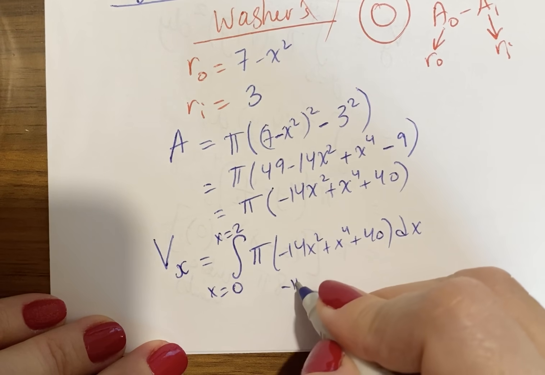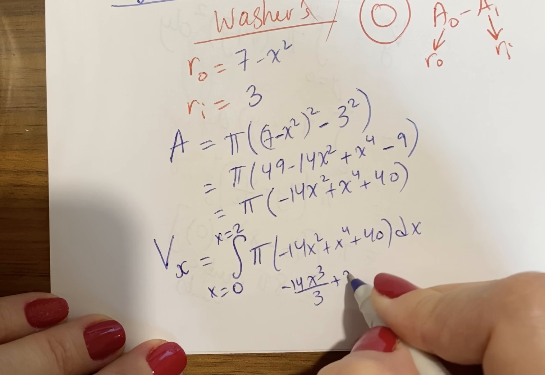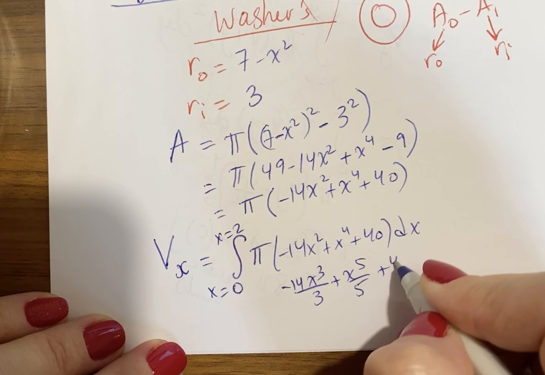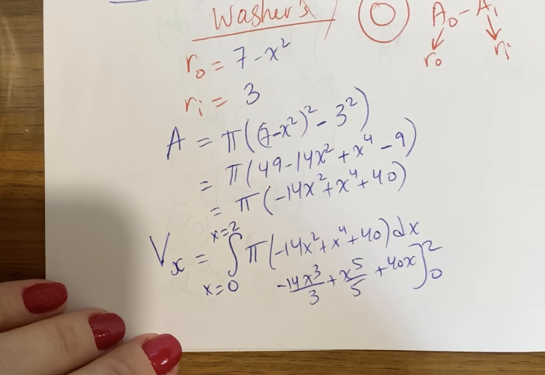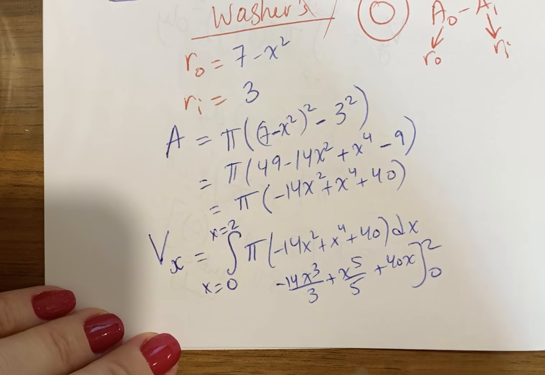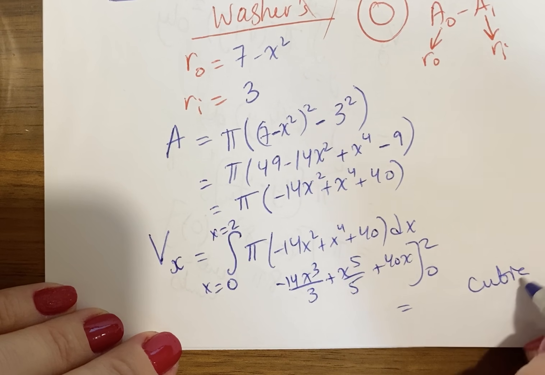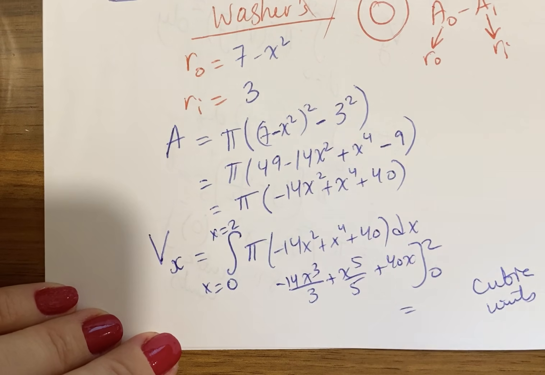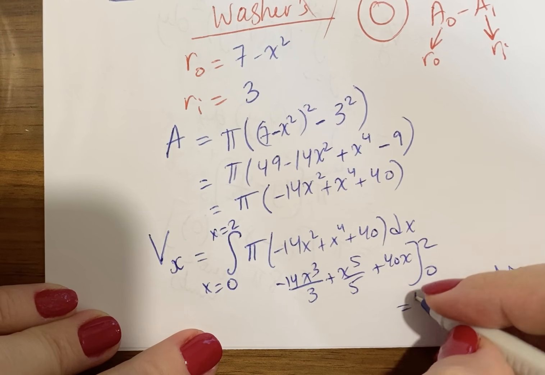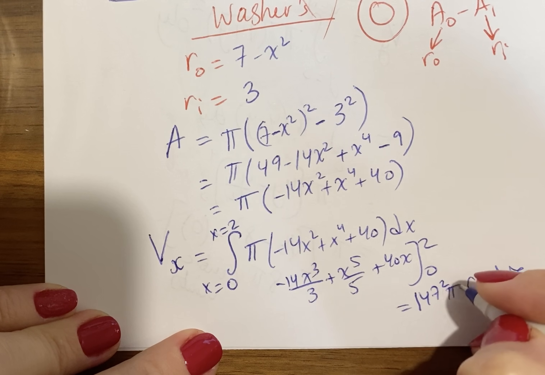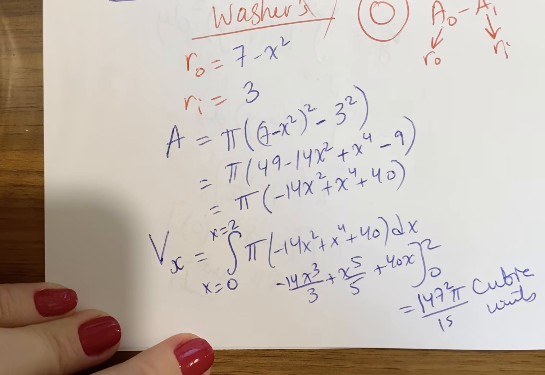You integrate term by term, and you substitute 2 and 0, and you get the answer in cubic units. The answer will be 1472 pi over 15 cubic units.